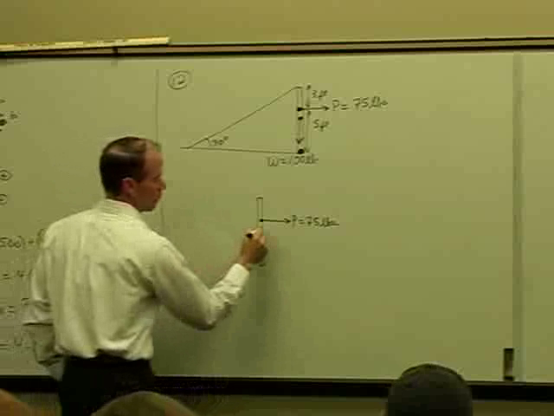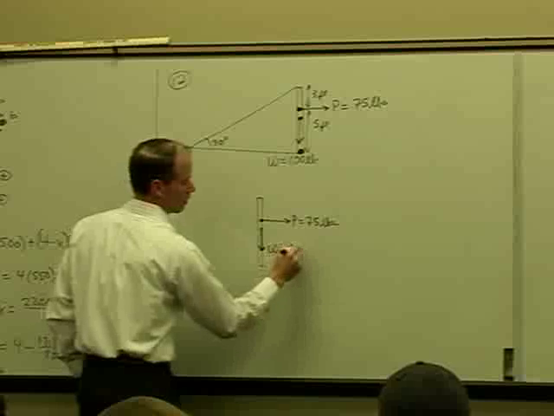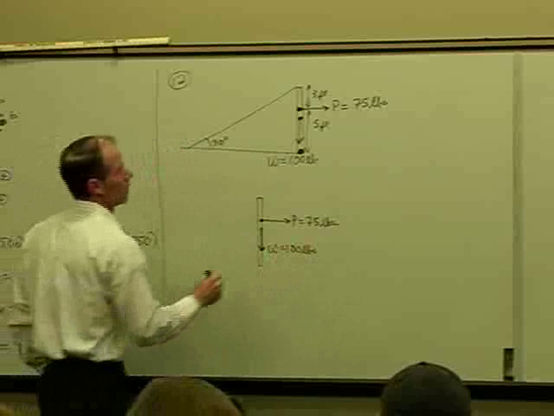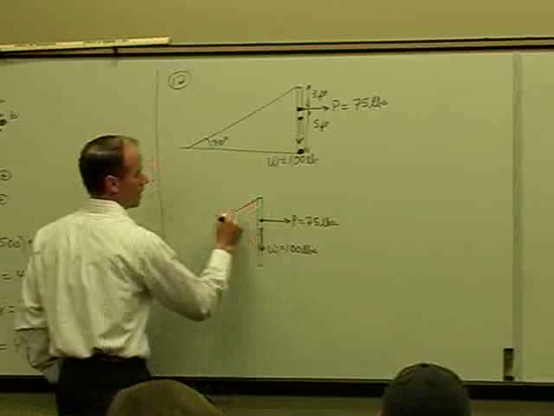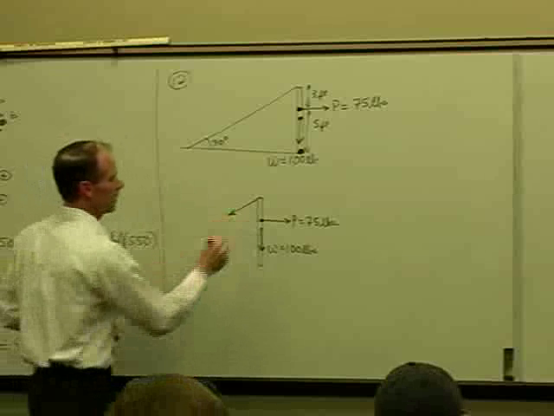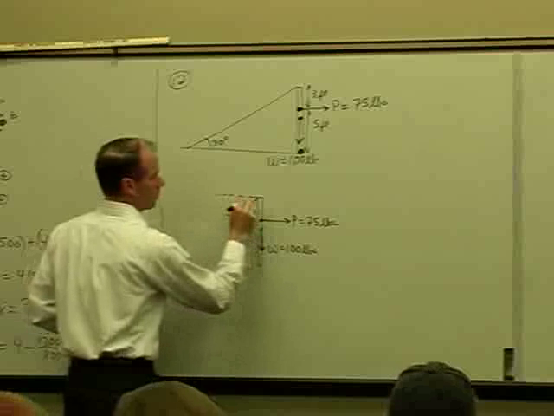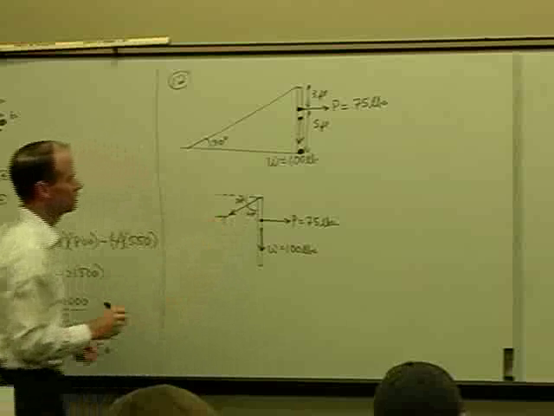I've got this weight force coming down like this, 100 pounds. I've got a tension force coming down this way. And this angle right here will be 60 degrees. This angle right here would be 30 degrees, that tension force.